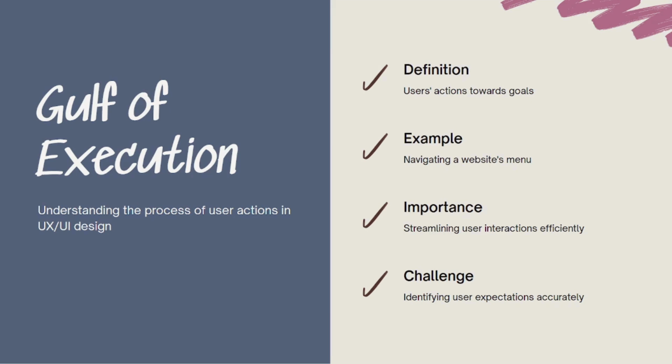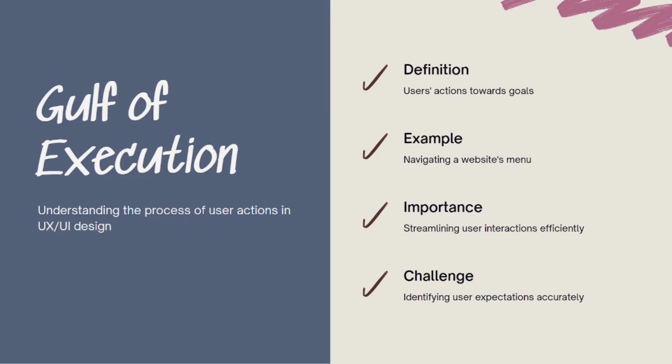So certain things are user goals and users' actions towards the goal, and before doing an action the user has to first be able to understand that yes, this is how my action will be executed. For example, a navigation menu in a website. Where is the navigation menu of a website?